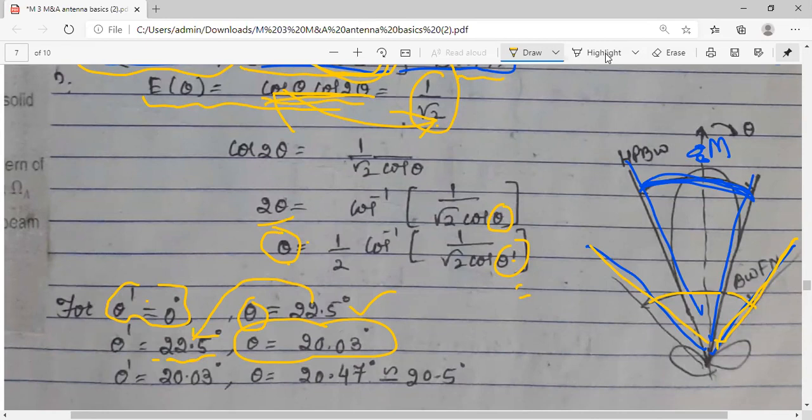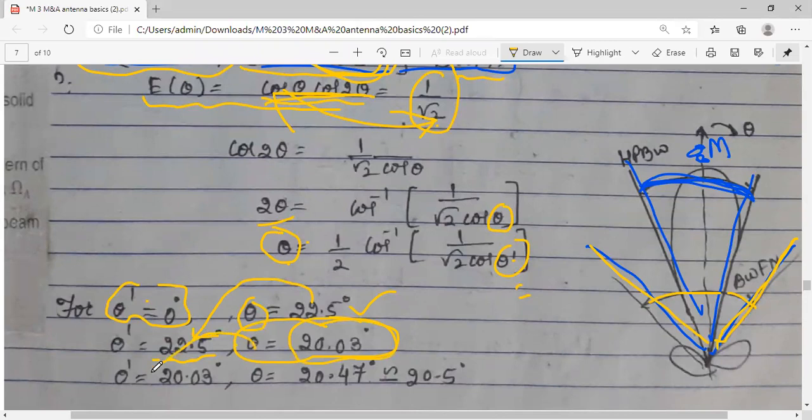Some methods you might have studied wherein you take one output as the input to the next. We are doing it here so that a final steady value should come. Probably in M3 and M4 you might have studied these methods. 20.03, okay, I have written it right. So this is the new value of theta, 20.03.